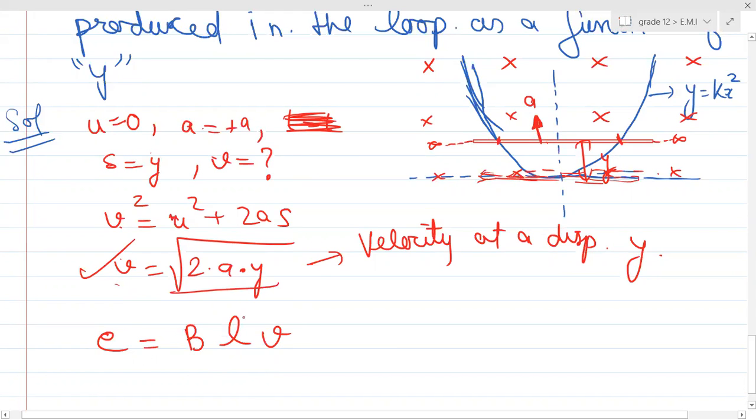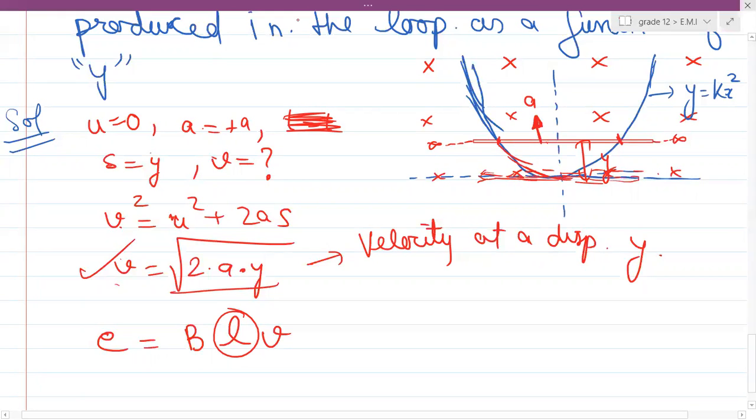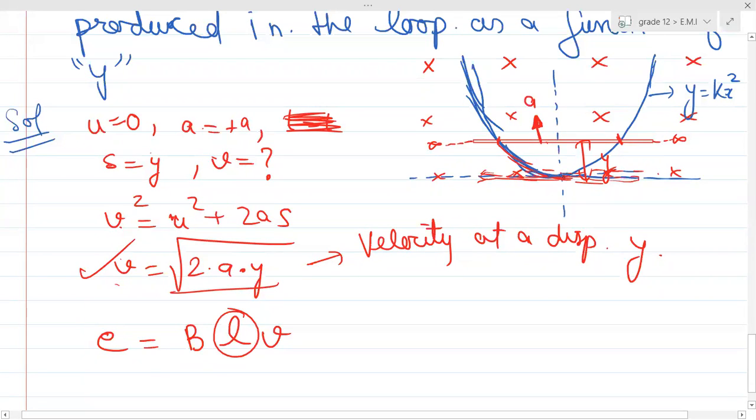V is basically this, but do you know the length of the conductor at any general time? Is it given in the question? No, this will keep on changing, right? Everyone knows the parabola looks like this.